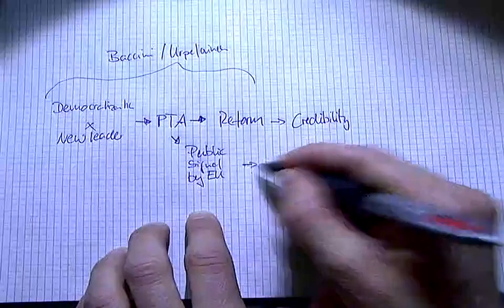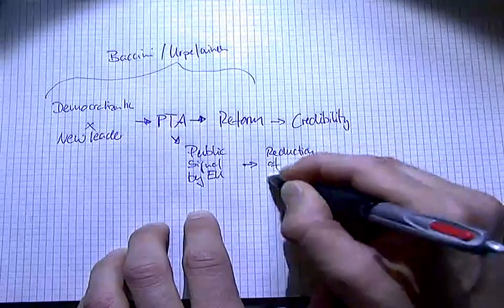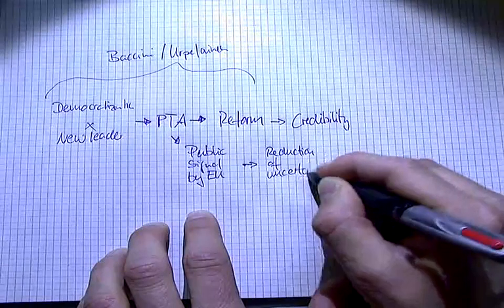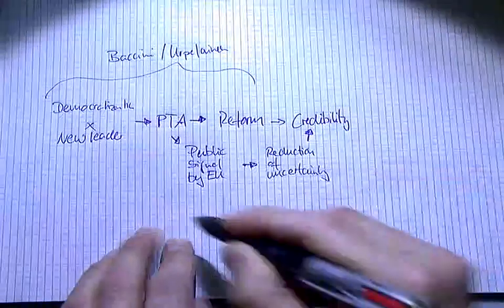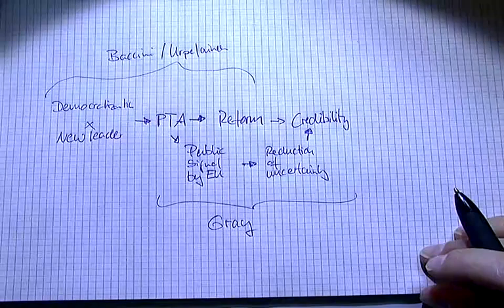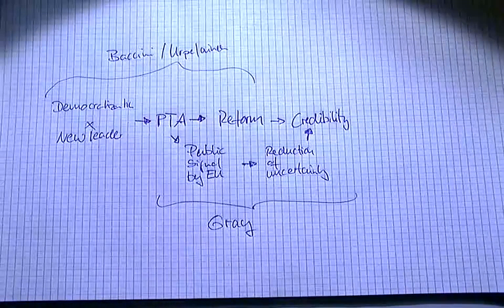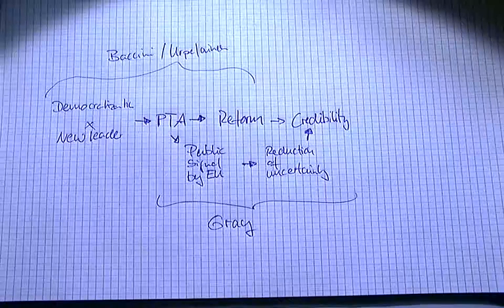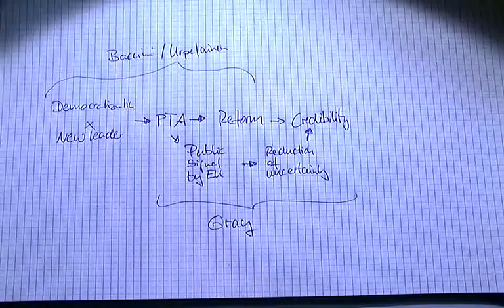So this reduces uncertainty, which increases credibility, right? So this is Gray. So you see here that Gray is directly related to what we talked about with Pacini and Opelainen, right? So you put those two studies together into a bigger picture. That's what we're doing here, right?